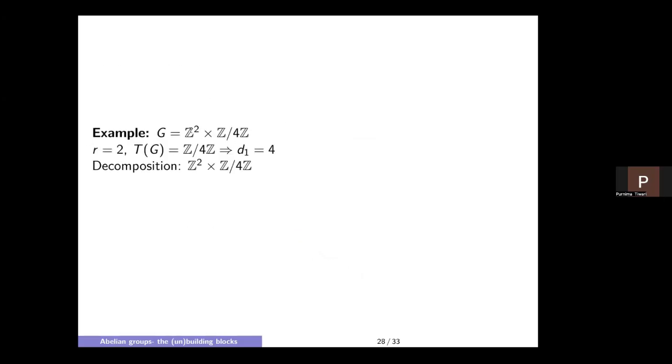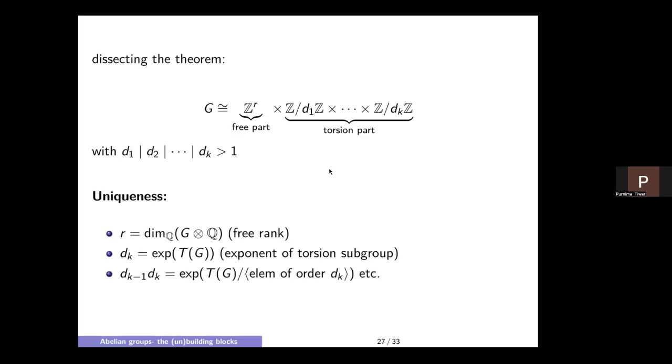Another example would be if we take Z cross Z, and then we have its direct product with Z4. The free part, rank is 2, as we can see, and the torsion group is Z4Z, where d1 is 4.